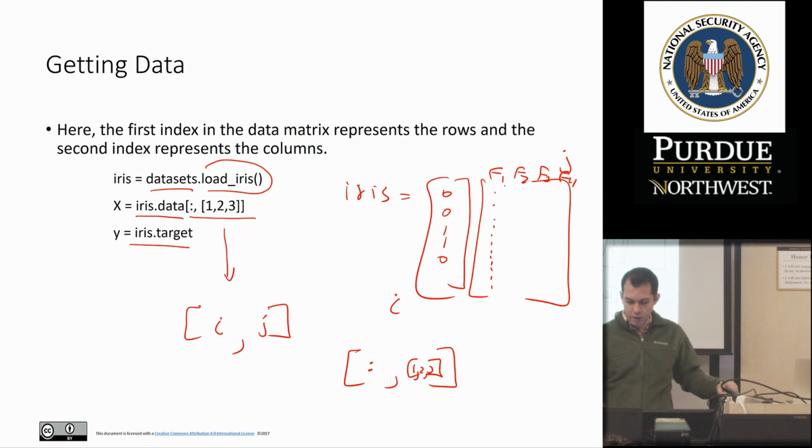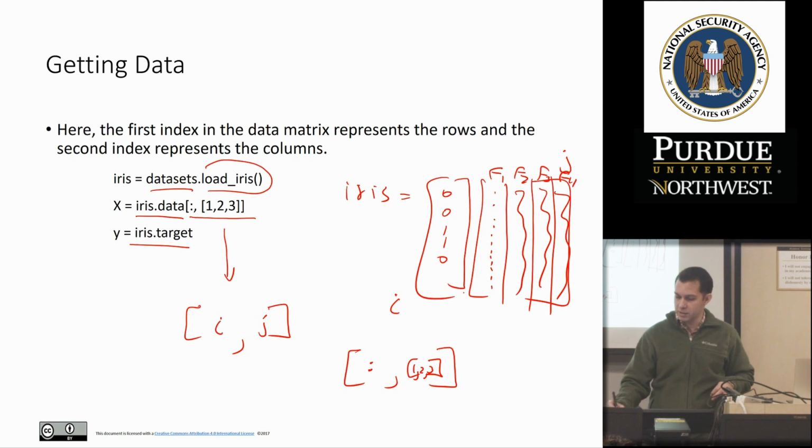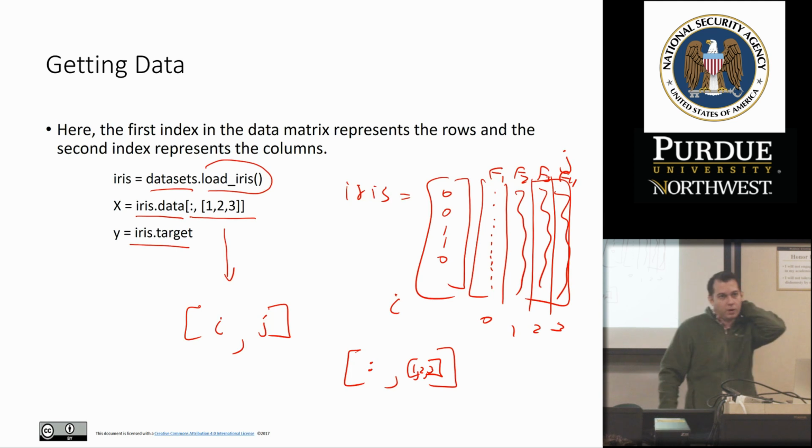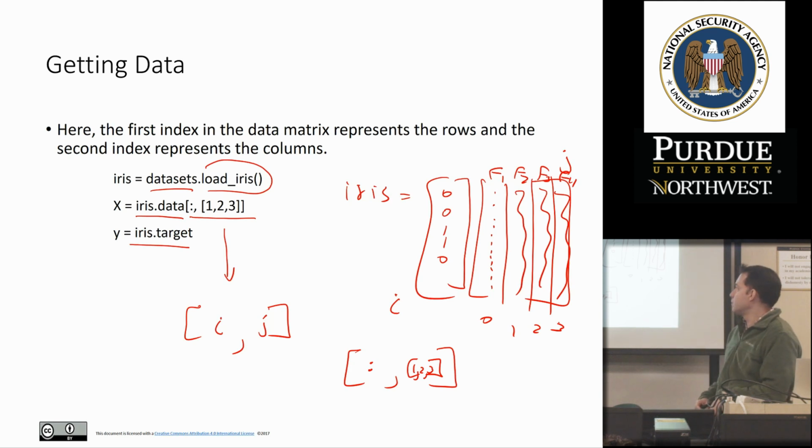So that means that in essence, we are going to slice out this one, and this one, but we ignore that one because this would be 0, this would be 1, this would be 2, this would be 3. Is this clear? Are there any questions? All right, so anyway, that's the main way that you do things in machine learning, right? In any kind of machine learning, to extract the data, you do something called slicing.